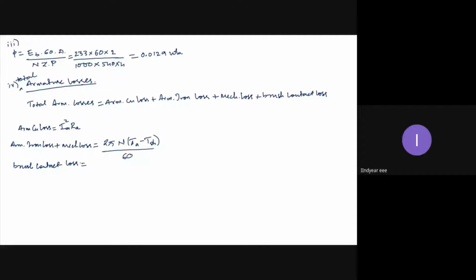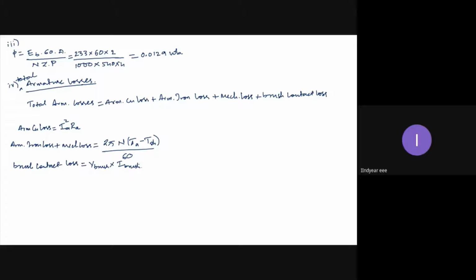We don't know what is the resistance per brush, but we know there are two brushes. I can write this as V brush multiplied by I brush. Can I do this? Voltage across brush multiplied by current through brush. That is the power across brush, which is loss. Okay. But what is I brush? I brush is not Ia.